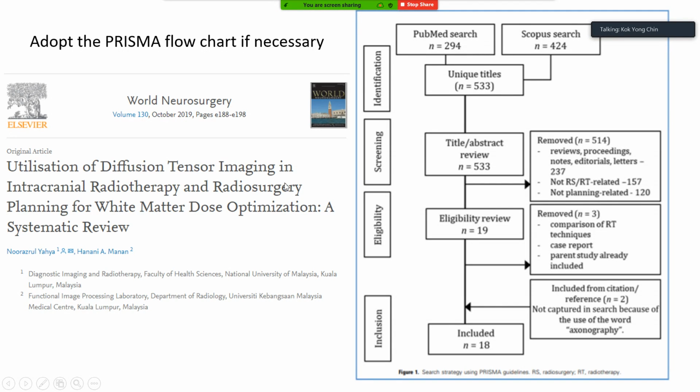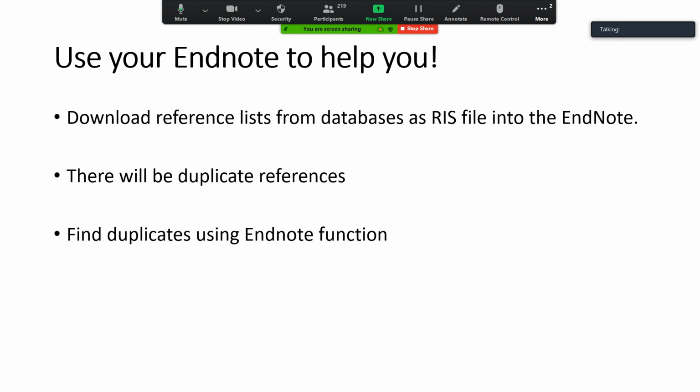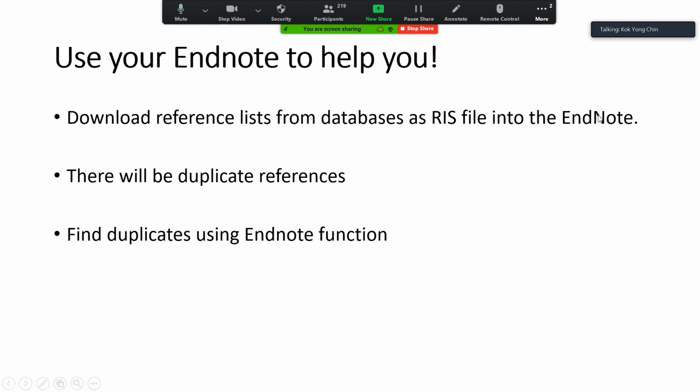This process, we can actually ask EndNote to help you. For all the students, I hope you are familiar with EndNote. I believe the library has one copy of EndNote which you can ask from them, to help organize references. So after you derive a list of articles from your Scopus or PubMed, maybe hundreds of them, download the reference list entirely as an RIS file into your EndNote.